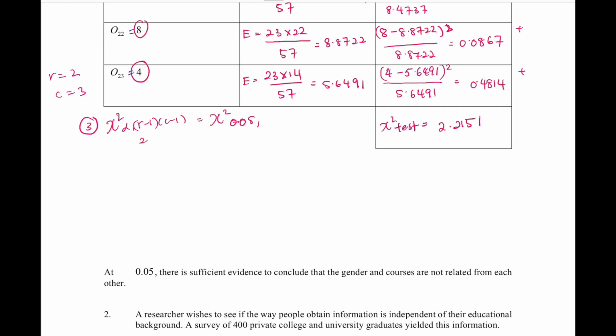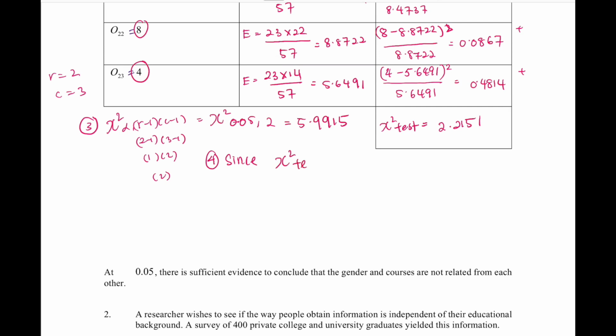Row is 2 minus 1, times 3 minus 1: 1 times 2, which is 2. So alpha 0.05, nu is 2. You will get the chi-square critical value, which is 5.9915.